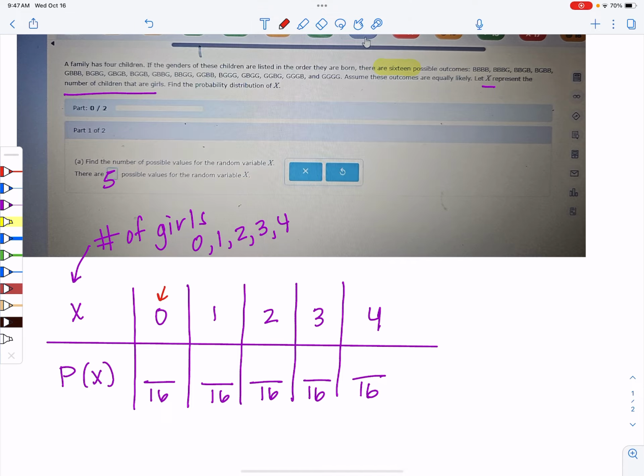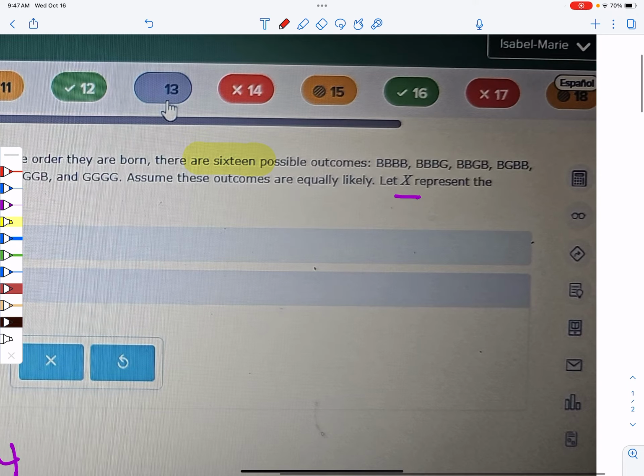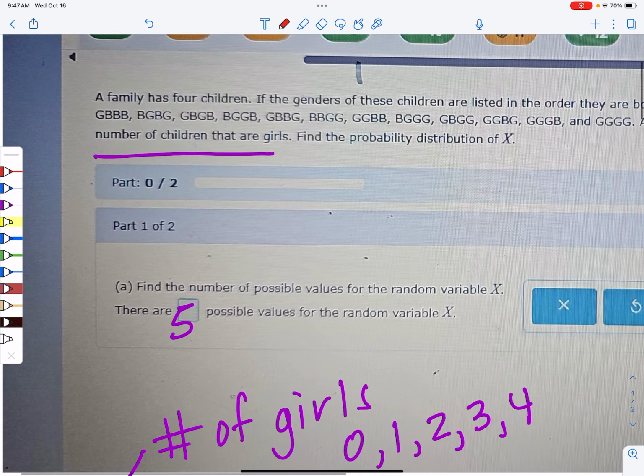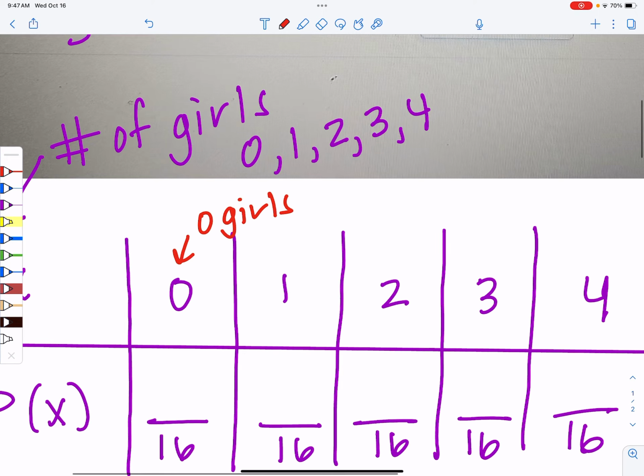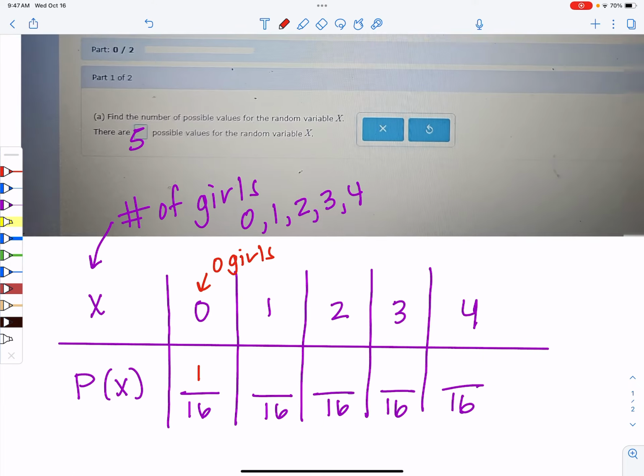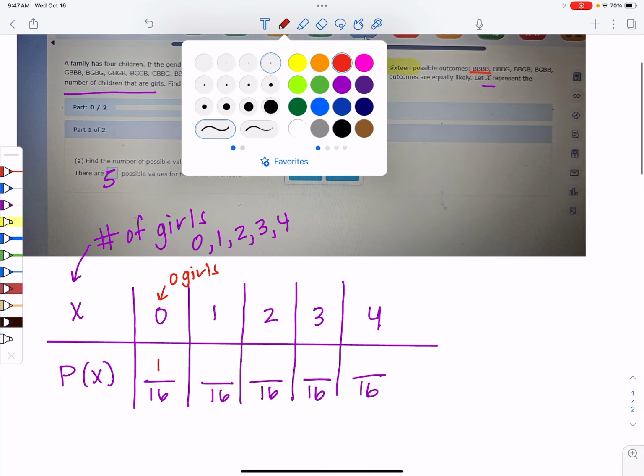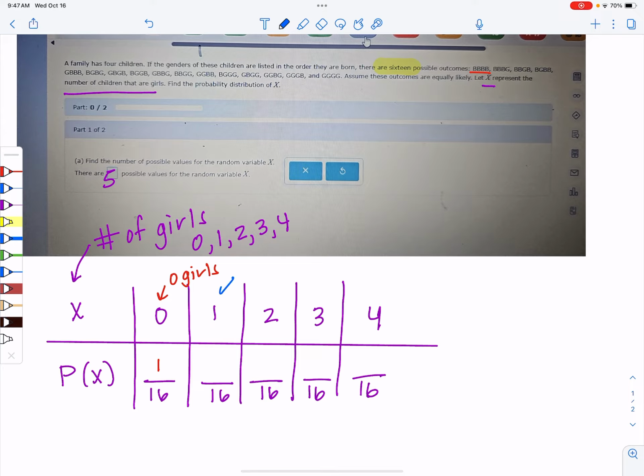Okay, the first one says there are 0 girls in the family. Well, if we look at our outcomes here, the only one that doesn't have a G somewhere in there is that first one. So that means this is only one outcome out of the 16 total. We'll do the same thing for each one.